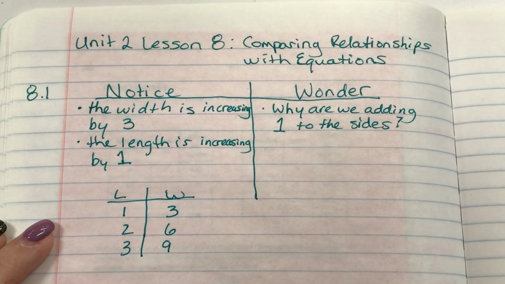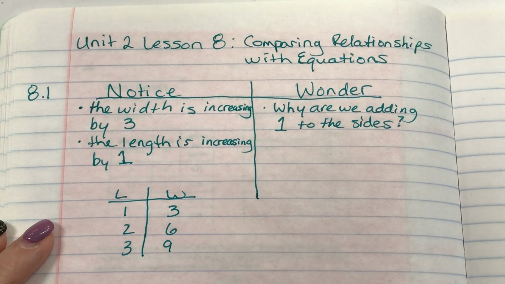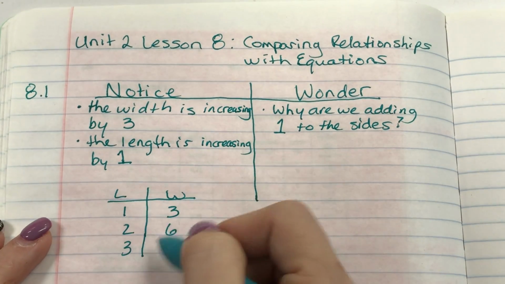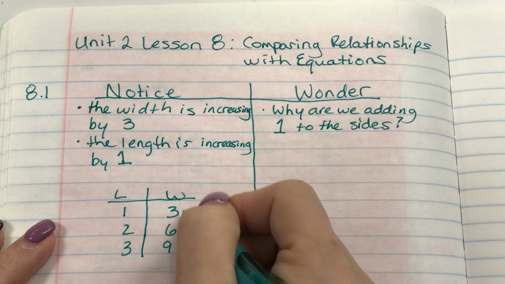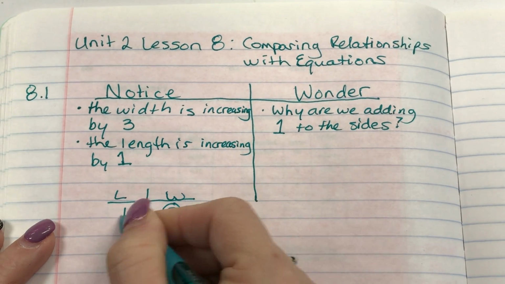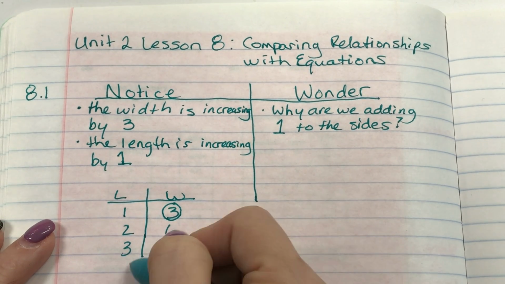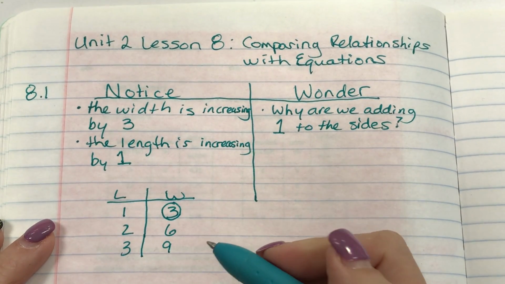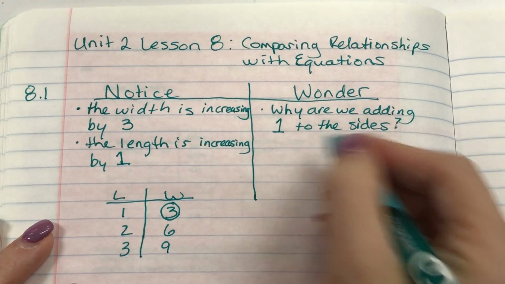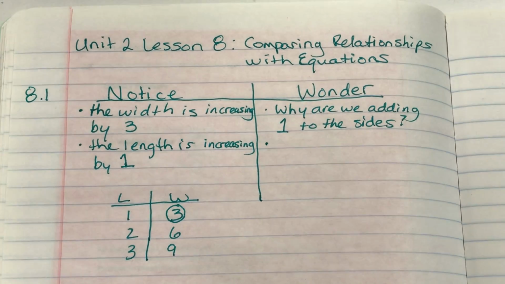Does that make sense? I was thinking that you would have to multiply instead of that. Right. So all of these we're multiplying by 3 because whenever you solve for 1, that is the COP. So 2 times 3 is 6. 3 times 3 is 9. So that would be the unit rate. Yep. Well, it is on a graph.